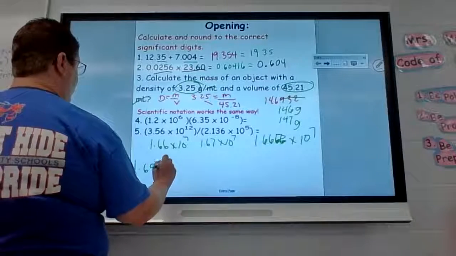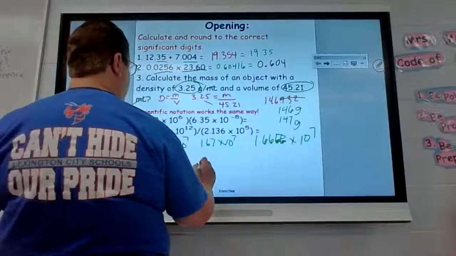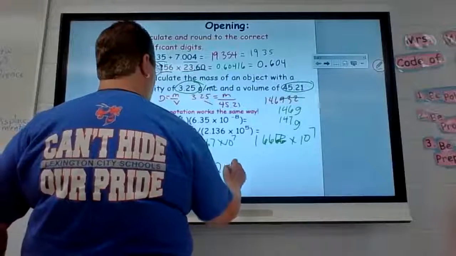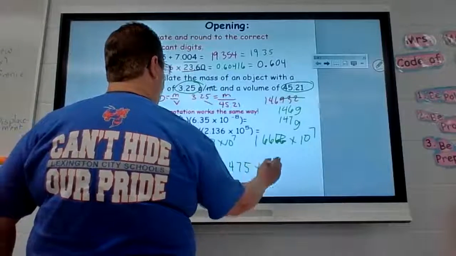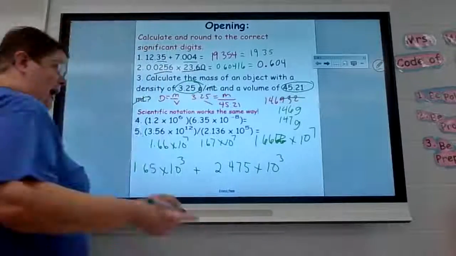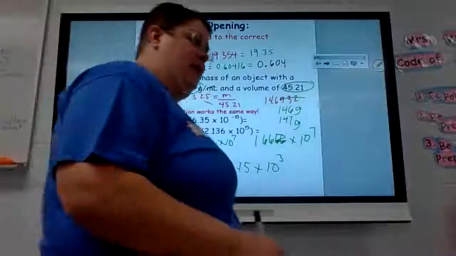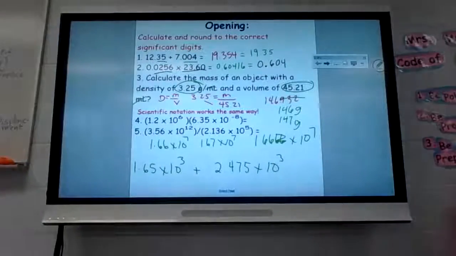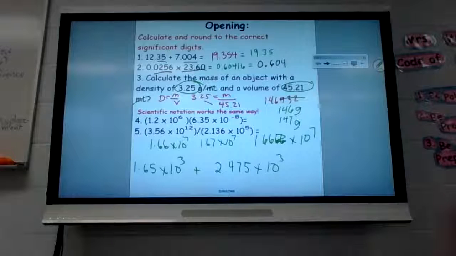Now, since I didn't give you one that added, just to illustrate adding, if you add 1.65 times 10 to the 3rd plus 2.475 times 10 to the 3rd, and you wanted to add this and get the correct significant digits, just to illustrate that the rules are the same: 1.65 second EE 3 plus 2.75 second EE 3.